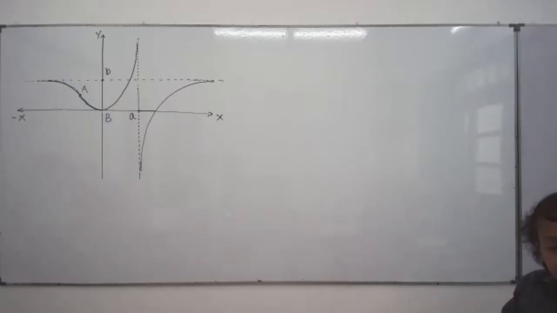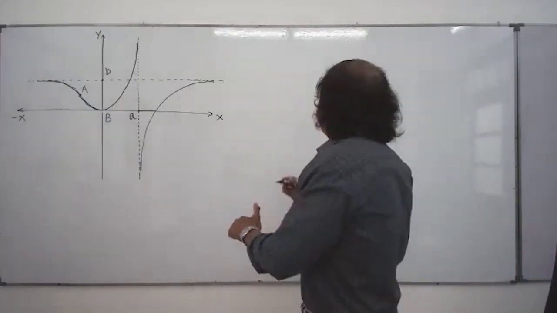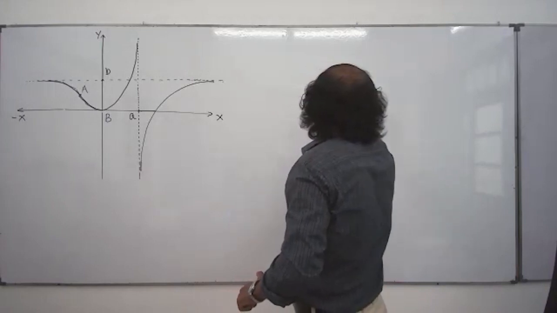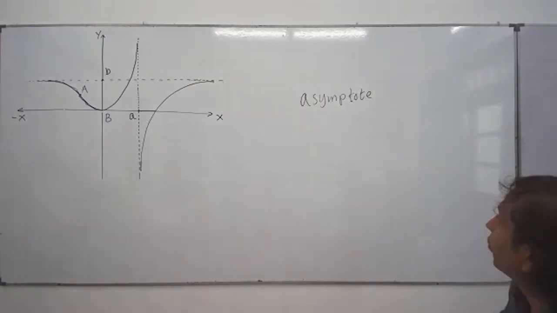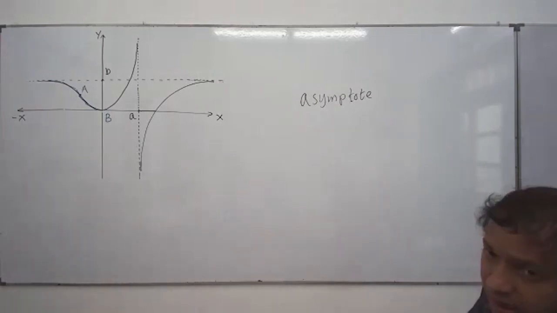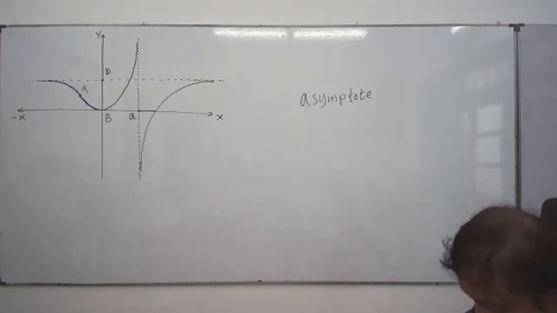Then it is said the graph has a vertical asymptote at x equals a.